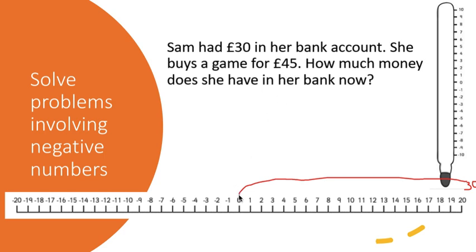So we've taken away 30. Let's take away another 10 to make it 40. And then another 5 to make it 45. So she started on 30, we've counted back 30, 40, 45. How much money is she going to have left? 30, take away 45, it's going to be minus £15 in her bank. She's going to be in her overdraft.